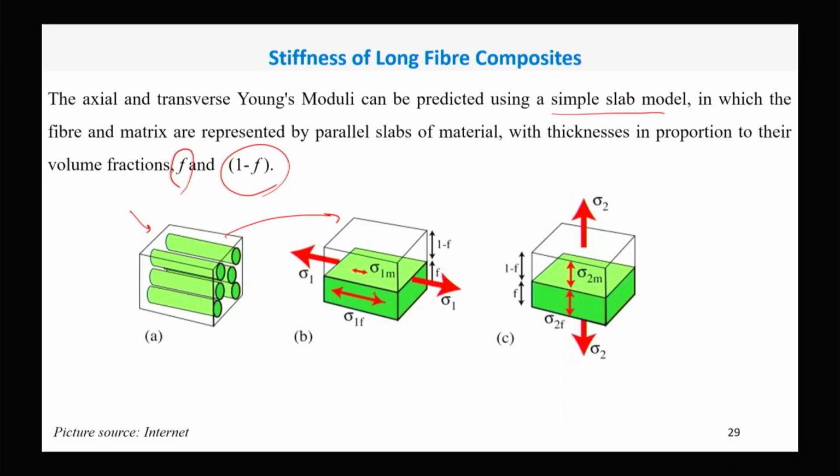Now here fiber volume fraction is F, so thickness is represented. Green color is fiber. So here it's represented by the thickness, F, and 1 minus F is the matrix part.